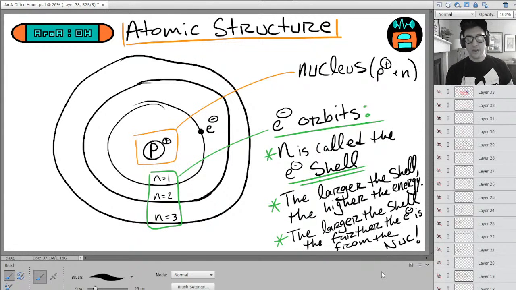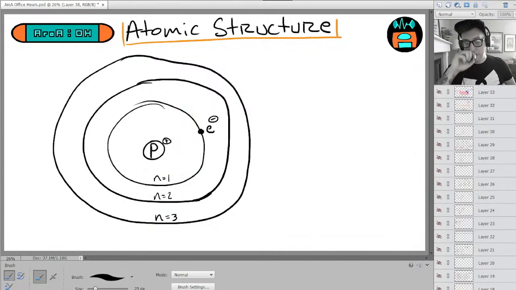Now, there are two types of electronic motion around the nucleus. You can have an electron go from a low energy shell to a high energy shell.